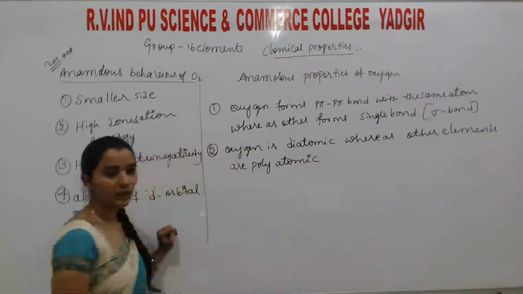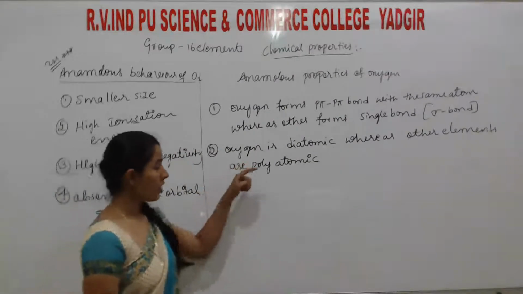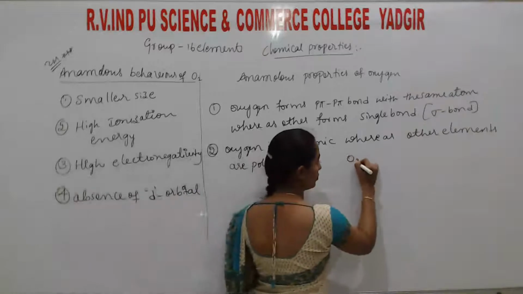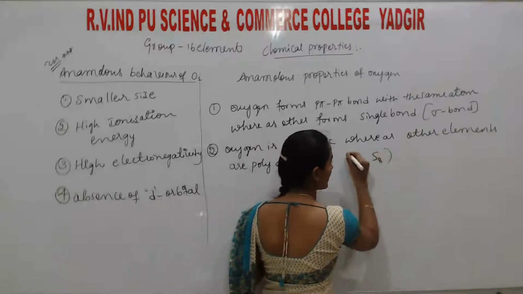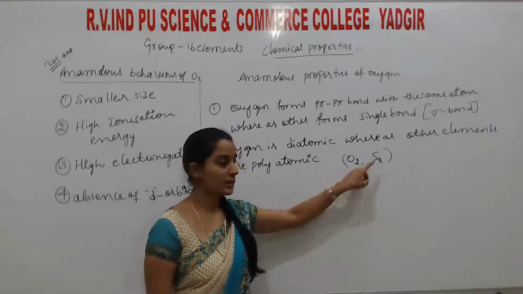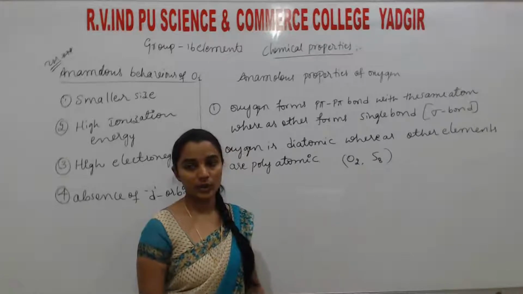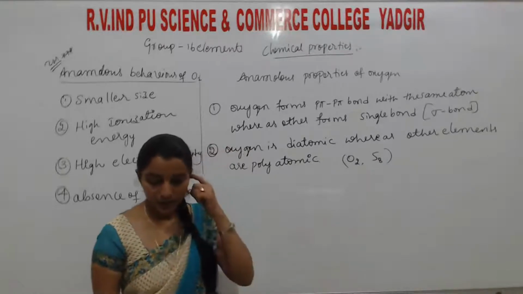Oxygen is O2, sulfur is S8. This is diatomic, these are polyatomic. Okay. Next one.